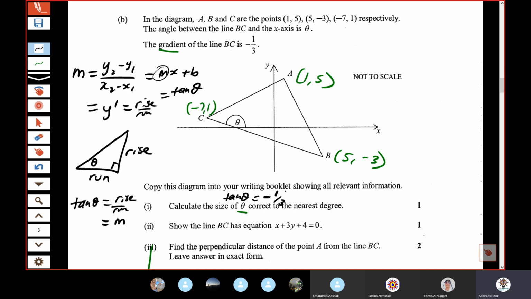You're going to subtract it from 180. Or, the way we've obviously done it properly, it's always been inverse tan the positive case, which gives you about 18 degrees.